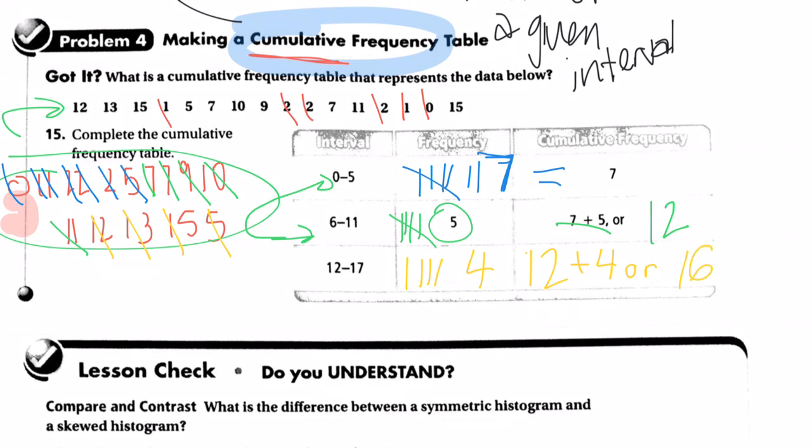Since there are 16 data points, the cumulative frequency at the end of the last interval would be 16, because it explains the number of data values that lie in or below a given interval. So in the last interval, you will have your total number of data points. This is the end of the video for making a frequency table and histograms. Please go on to the box plot video.